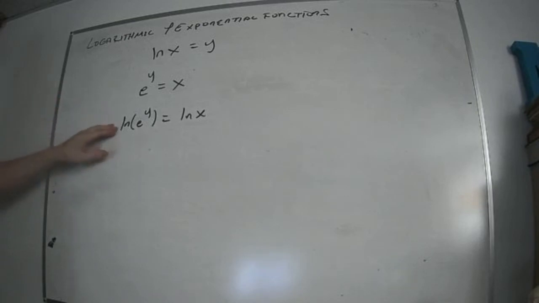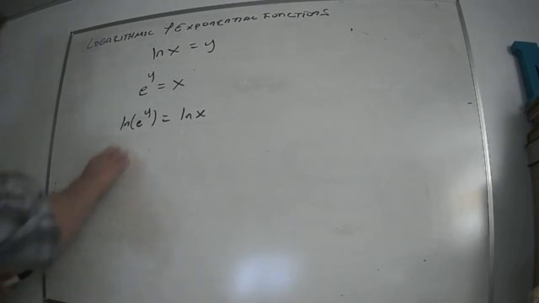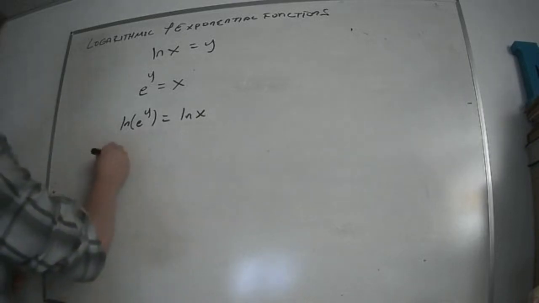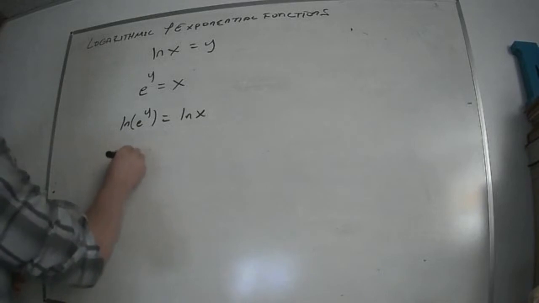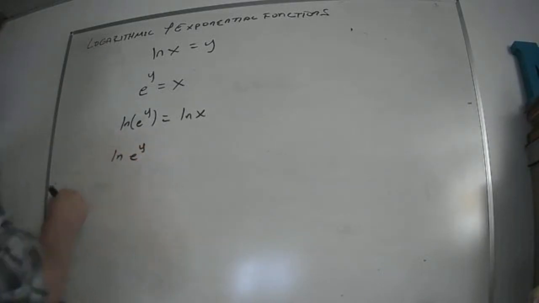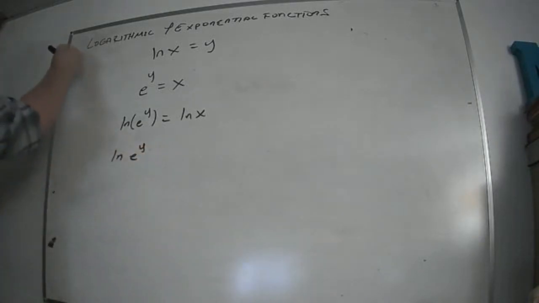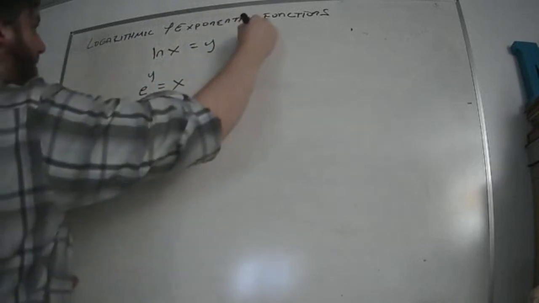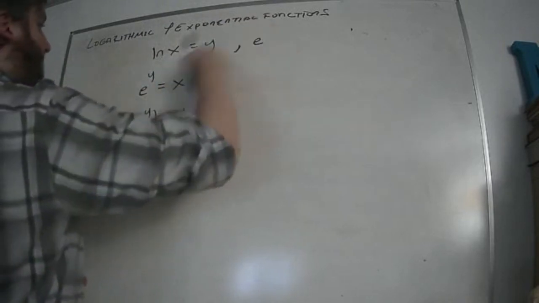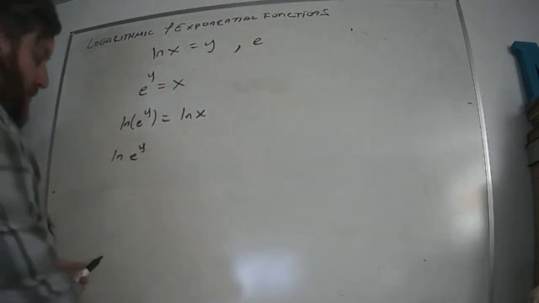I can take the logarithm of both sides. And when I do this, I have this form. So now I have ln e to the y. And I defined this as e to the y equals x.